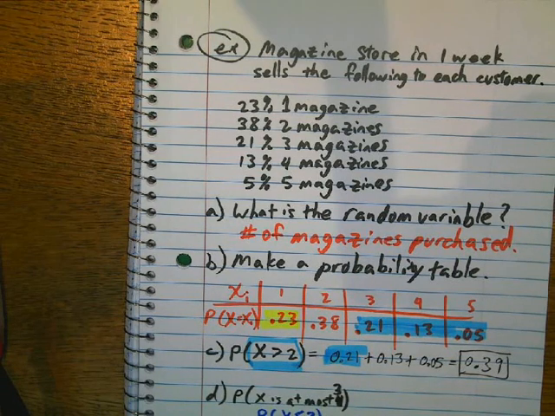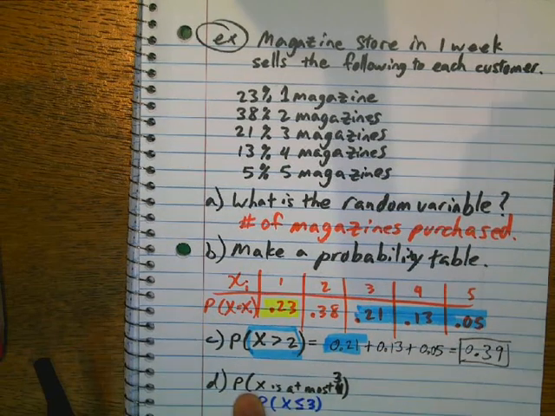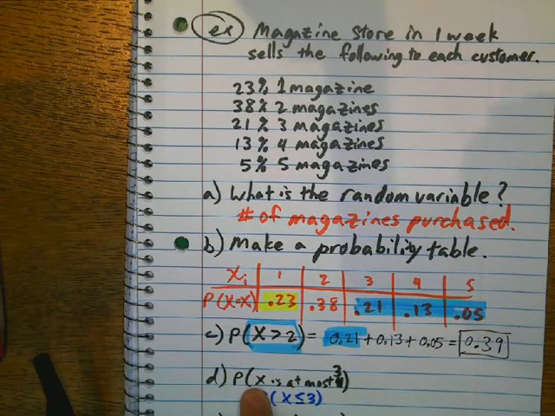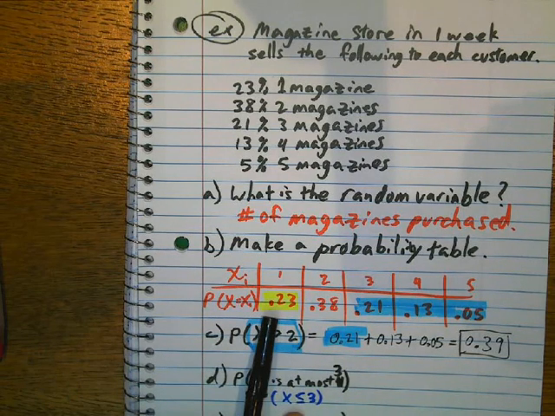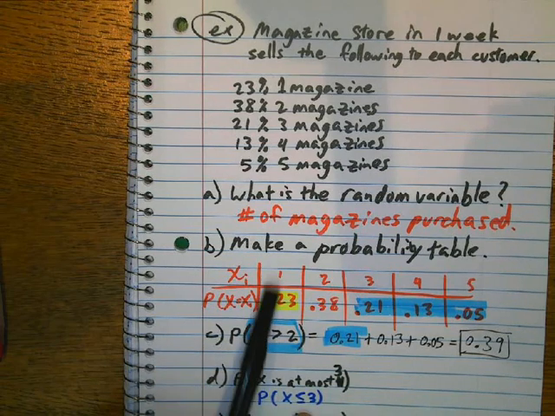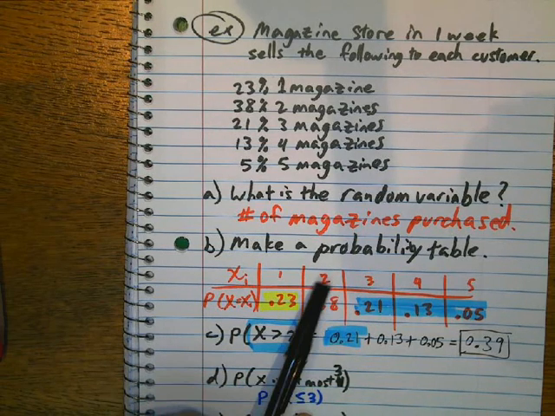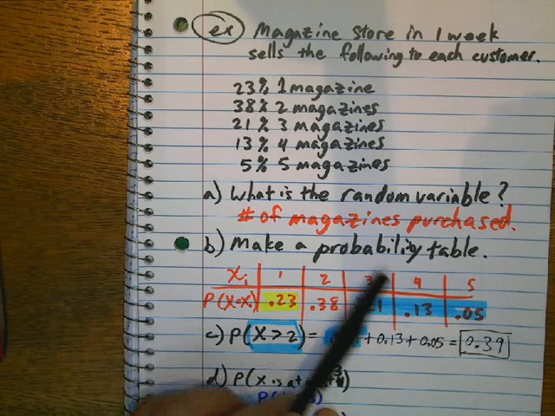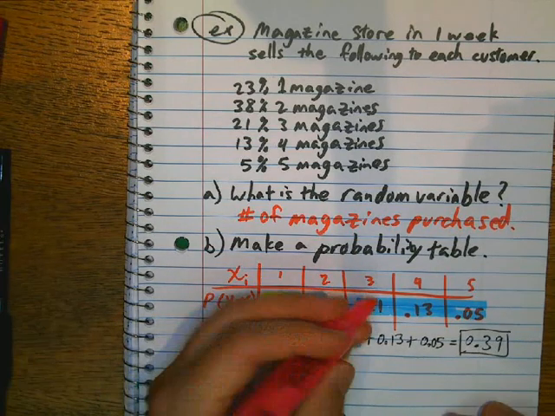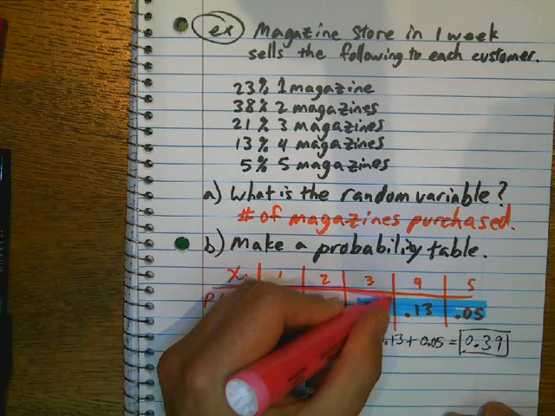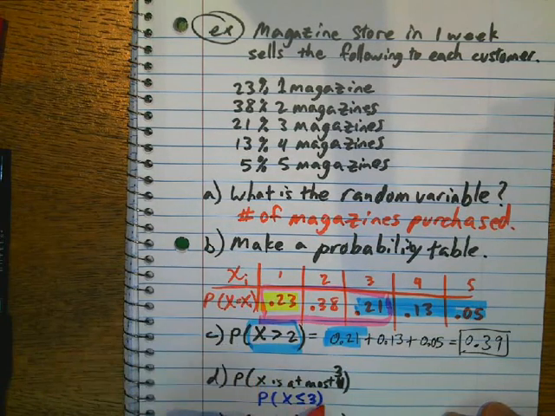Okay, now let's look at the next one. What's the probability that the person's going to buy at most 3 magazines? That means they're either purchasing 1 magazine, 2 magazines, and at most 3 magazines, so we're going to include that. So we're going to have all of these together to get at most 3 magazines.